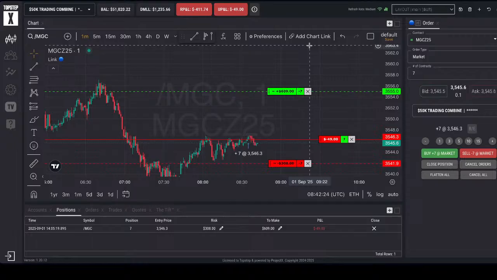Yeah, the price can move up, but let's see what happens.